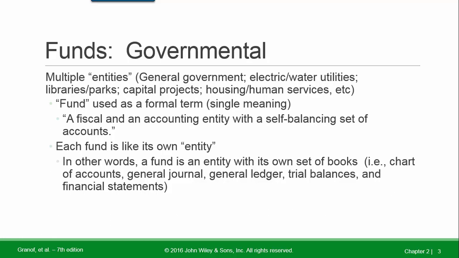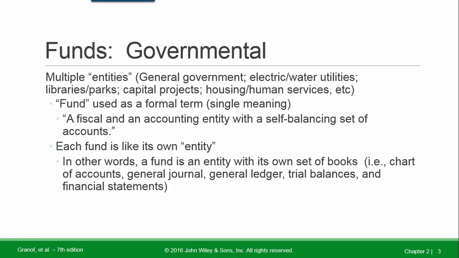Funds, governmental, multiple entities: general government, electric, water utilities, libraries, parks, capital projects, housing, human services, etc. The fund is used as a formal term, a single meaning. This is critical. The fund is a fiscal and accounting entity with a self-balancing set of accounts.